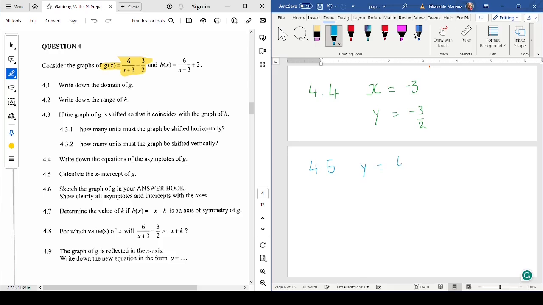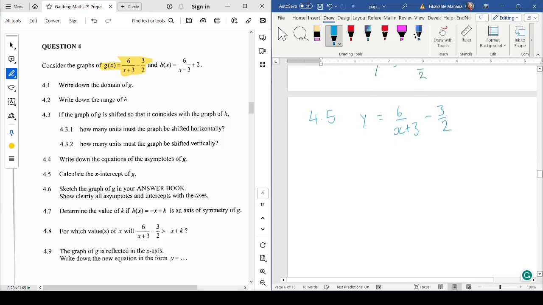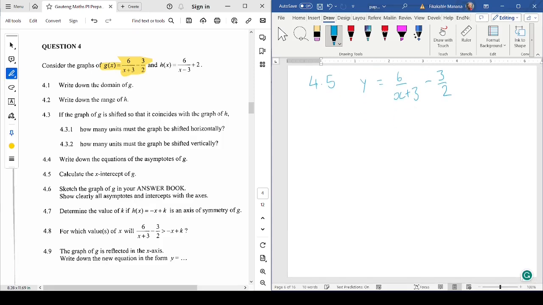So let's just write the equation first: y = 6/(x + 3) - 3/2. And what you want to do is to say let y equal 0, so that we have 0 equals 6/(x + 3) - 3/2.